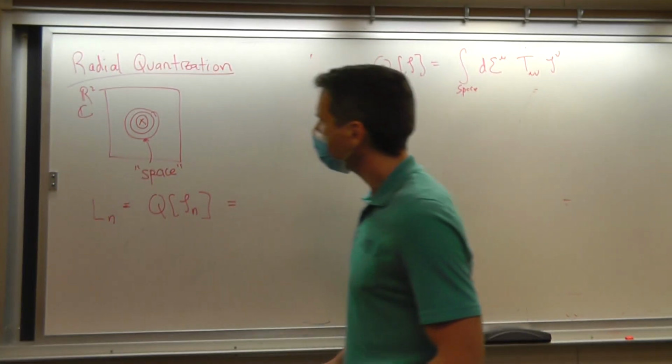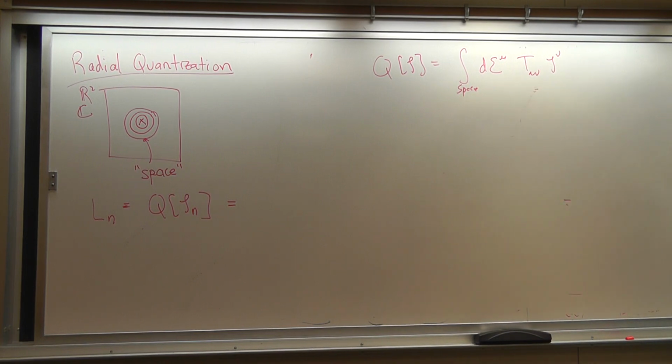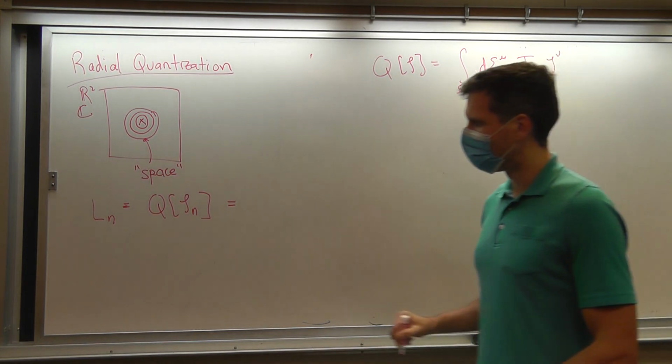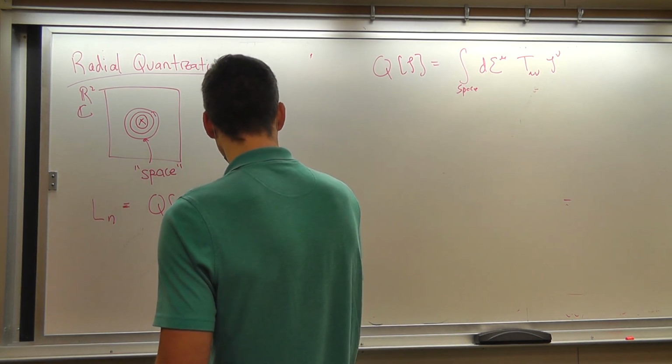Okay, so these things are space, and then the charges are denoted by L. So L_n is Q of zeta_n, where zeta_n is the generator that I defined a minute ago. And if we just plug in the usual formula for the charge, then another nice thing that happens in 2 dimensions is that this just becomes a contour integral.